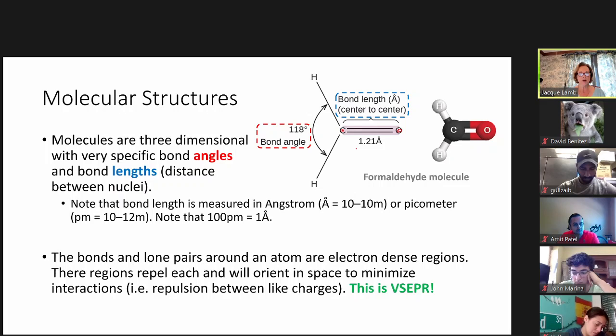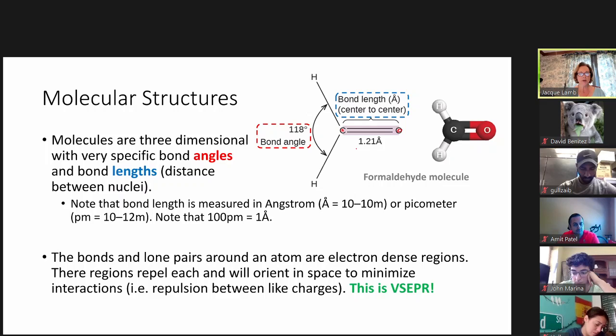And we call this VSEPR, valence shell electron pair repulsion. This is the theory that governs the shape of molecules. Valence shell electron pair repulsion theory, or VSEPR theory. It allows us to predict molecular shapes in 3 dimensions from a Lewis dot structure.